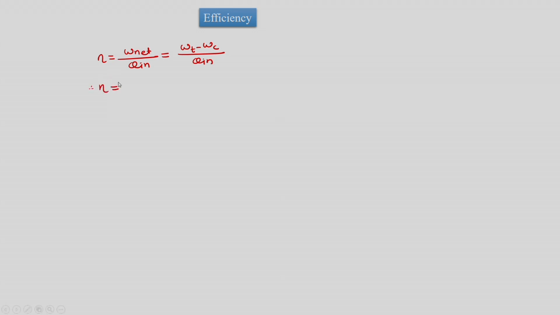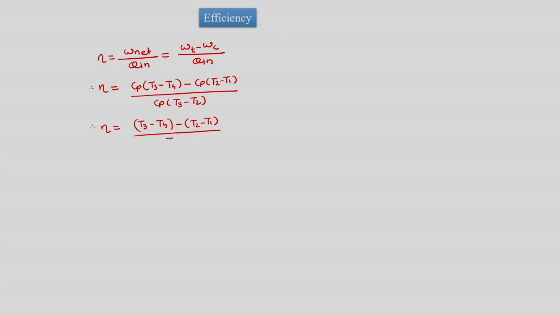So efficiency is equal to, from the Brayton cycle, turbine work is Cp into T3 minus T4, compressor work is Cp into T2 minus T1, and Q in is Cp into T3 minus T2. So Cp can be cancelled, so (T3 minus T4) minus (T2 minus T1) divided by (T3 minus T2).